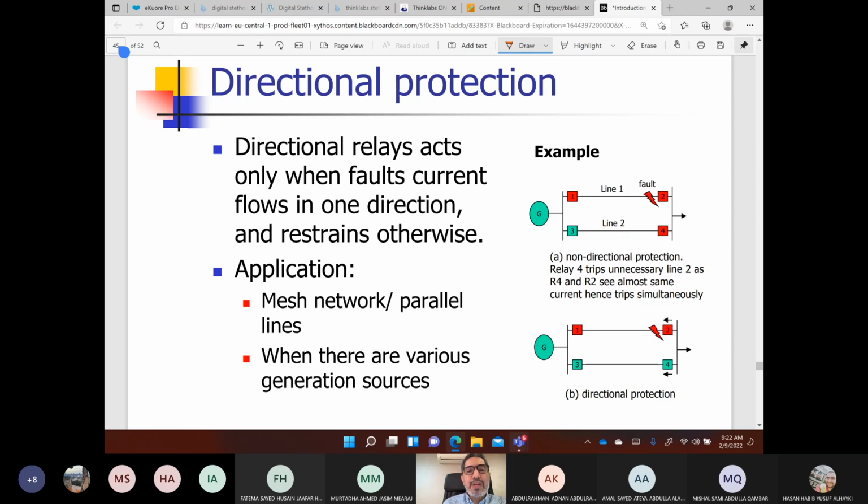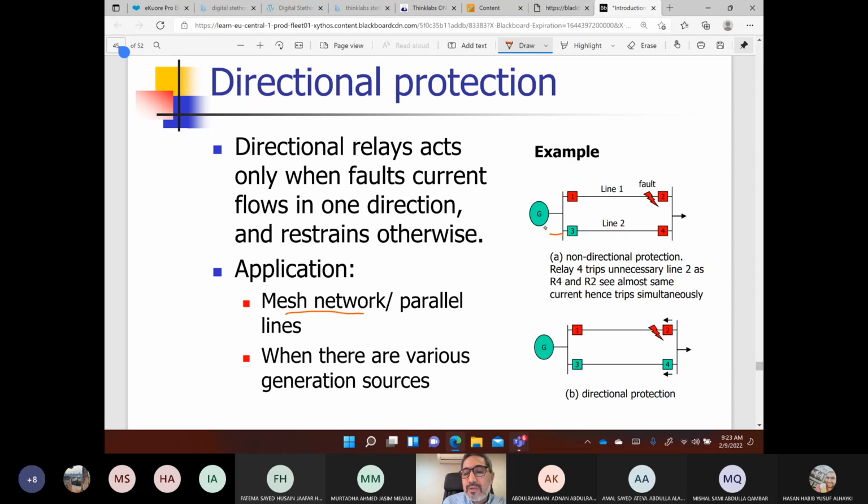Why do we need directional relays? In situations when we have a mesh network, or parallel lines, or when we have systems with multiple sources, more than one source in the system, but these sources are not at the same location, they are at different locations.